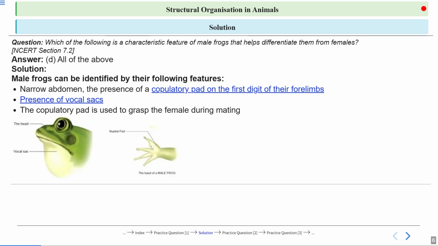The first digit has a swelling, a pad-like structure that develops at the first finger, and this is called the nuptial pad or copulatory pad, right? With these features, you can easily distinguish the male and female frog whenever you see them in the environment. Okay, let us move to our next question.